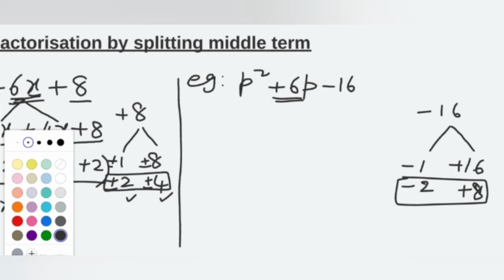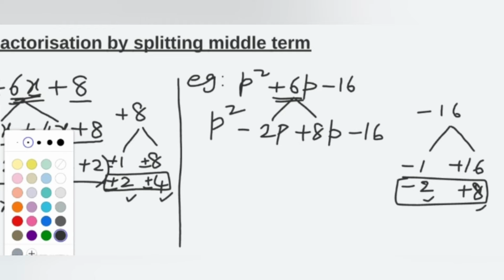If you add these two, you get plus 6, and if you multiply, you get minus 16. So let us choose these two factors and start writing. p square plus 6p, we are splitting into the factors you have chosen: minus 2p along with the sign, plus 8p, minus 16.